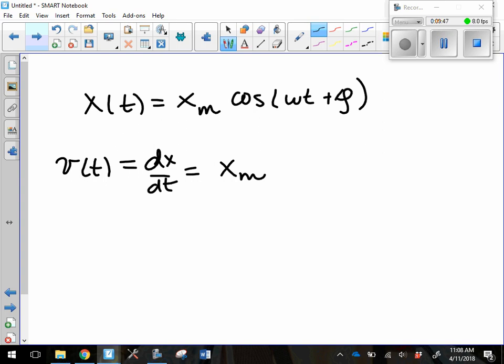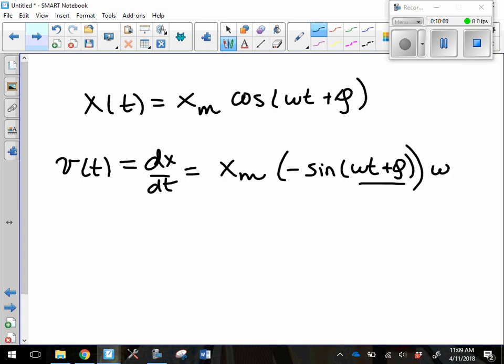So how about the next thing? What's the derivative of cosine going to be? So I'm going to have negative sine omega t plus phi, but then what do I have to do? Multiply by the derivative of what's inside, and what's that going to be? Omega.